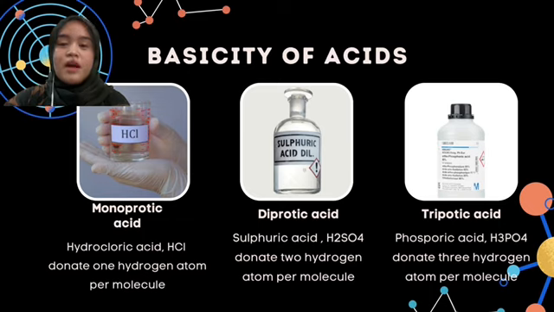For example, hydrochloric acid. Move on to diprotic acid, an acid that can donate 2 hydrogen atoms per molecule, while triprotic acid is an acid that is able to donate 3 hydrogen atoms per mole. The example of diprotic acid is sulfuric acid, and for triprotic acid is phosphoric acid.